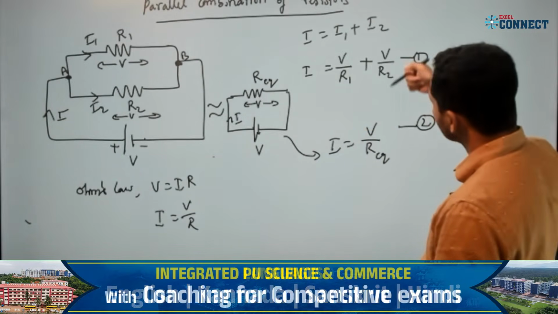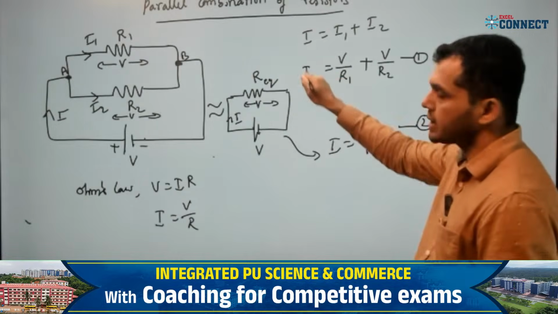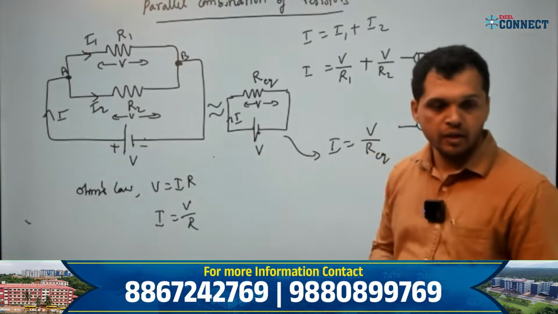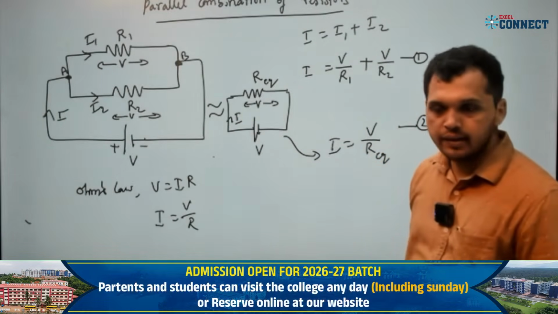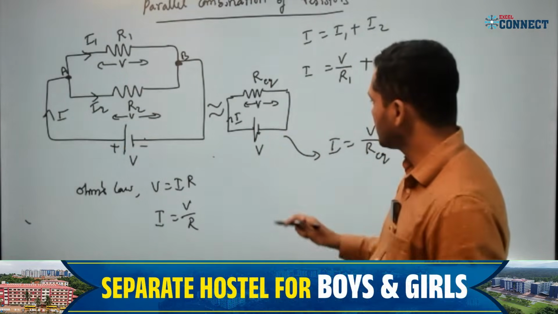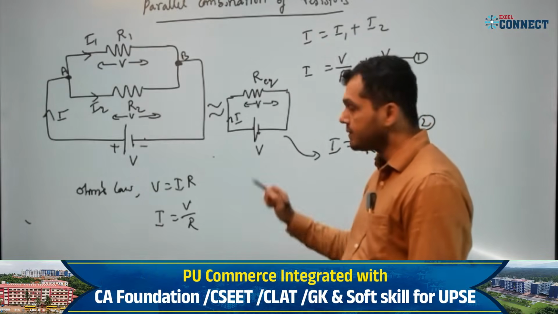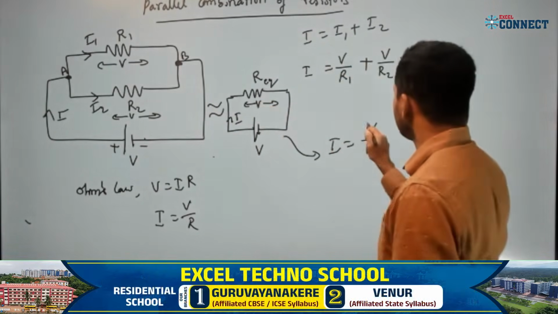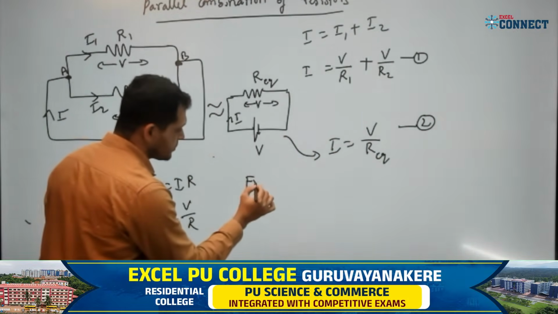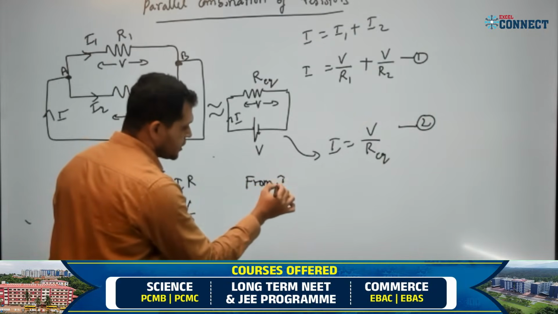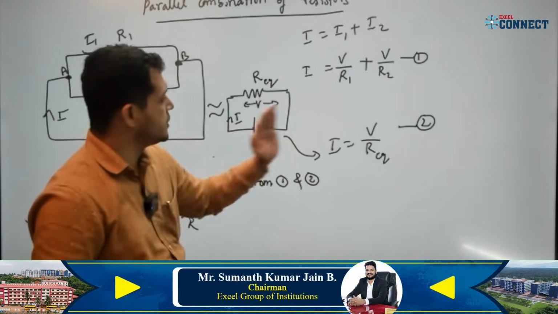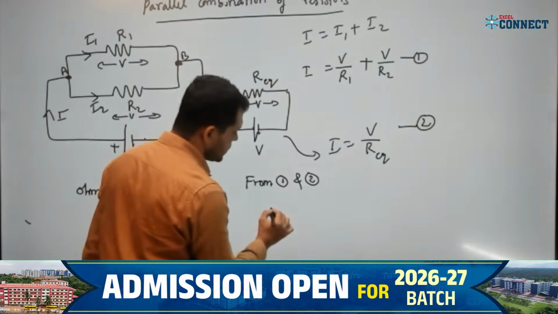Now you can compare these two. On the left hand side the current is the same. Why is the current the same? I have used the same battery of potential difference V, so the current is the same, right? Someone is asking their question. Voltage is the same battery, same potential, current is the same. So from equation 1 and equation 2, the left hand side is the same, so the right hand side must be equal.